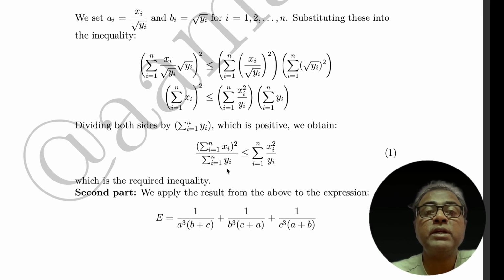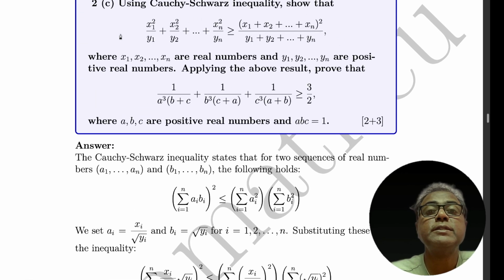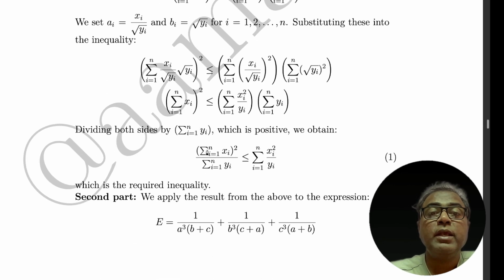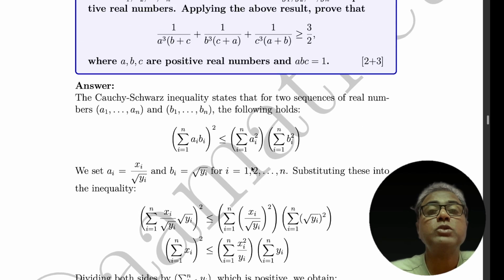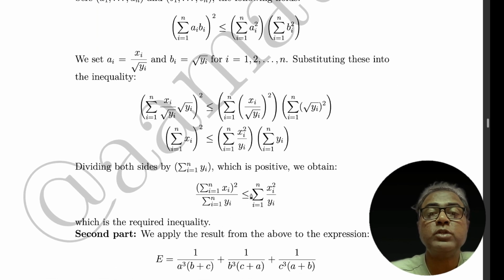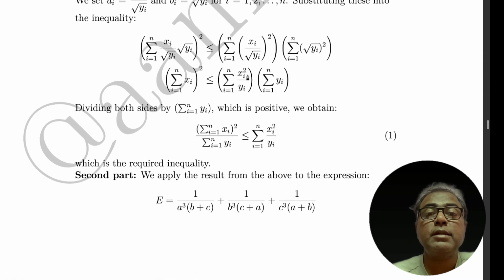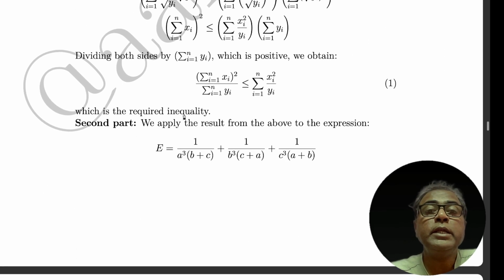If we expand this, we get x1 plus x2 plus xn whole square divided by y1 plus y2 plus yn. Here is the left hand side and here the right hand side. Actually this is the less than or equal to sign, and this is the greater than or equal to sign. So these are the same, which is the required inequality.